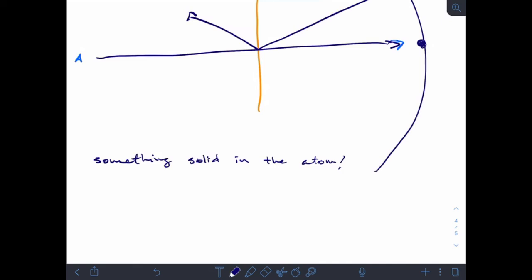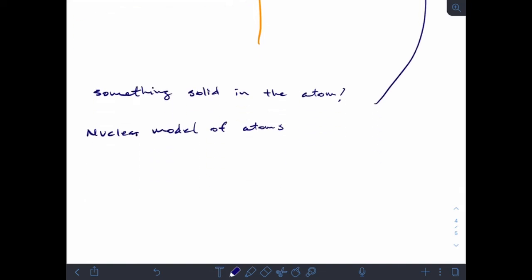So what this led to was the modern model of atoms, the nuclear model. And the tenets of the nuclear model: First, most of the mass and all of the positive charge are in a nucleus.